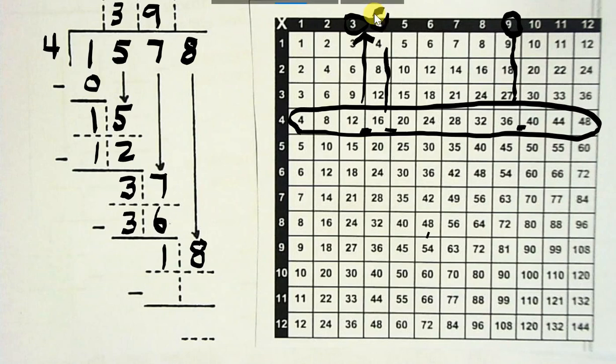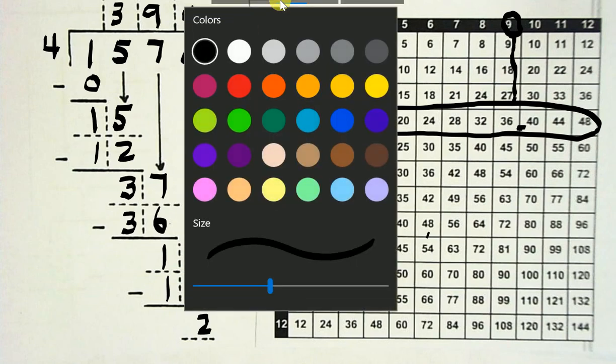So 4 goes up here. And 4 times 4 is 16. When we subtract, we get 2. So this one will have a remainder of 2. It looks like a Z, but that's supposed to be a 2. And next we're going to check our answer.